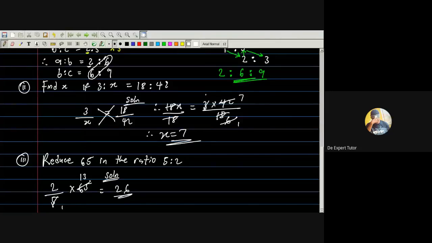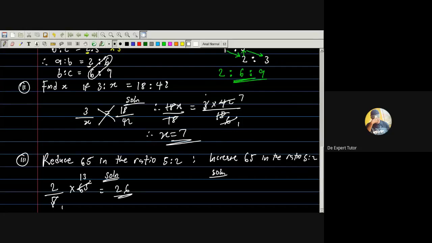If they say increase, let me use the same question. Increase 65 in the ratio 5:2. Same question. What do we do? The same way.